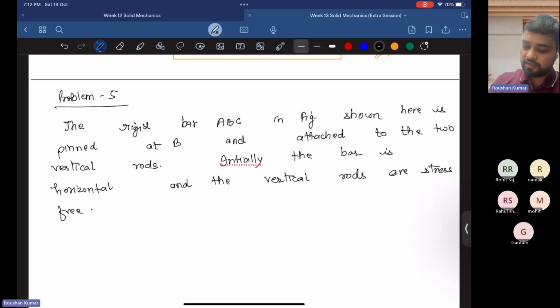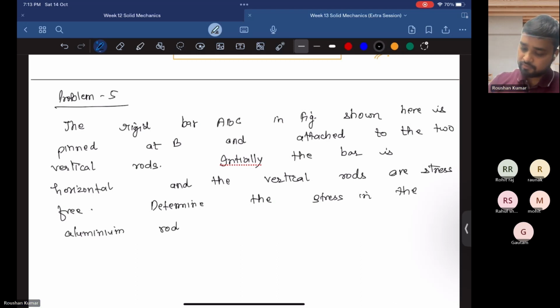So the question is, determine the stress in the aluminum rod if the temperature of the steel rod is decreased by 40 degrees Celsius.